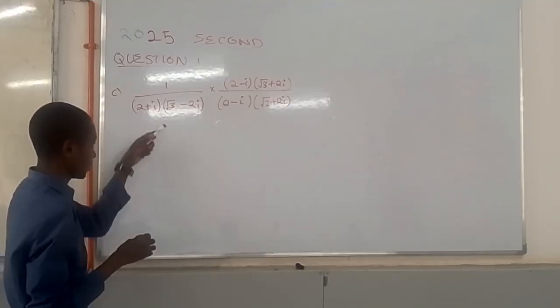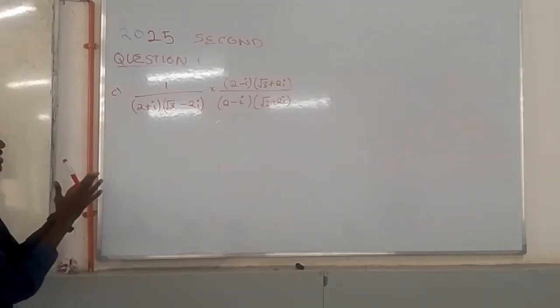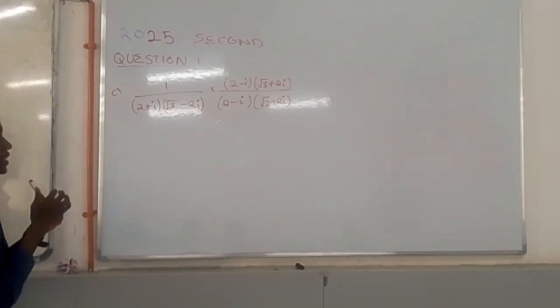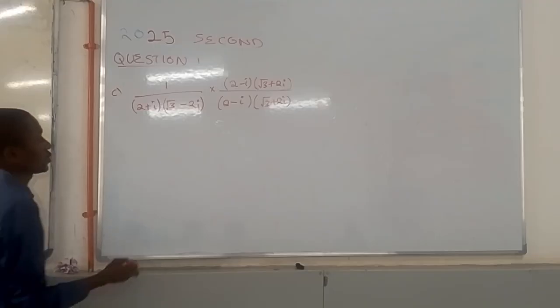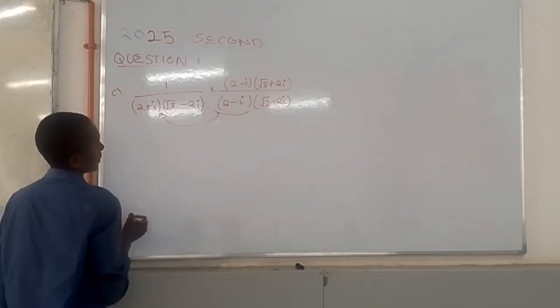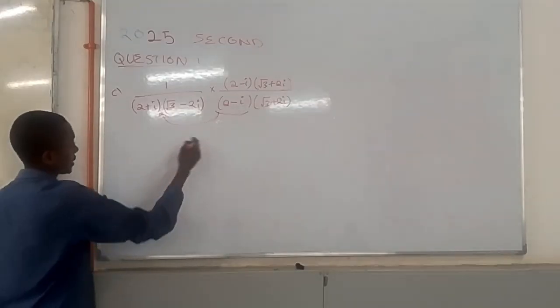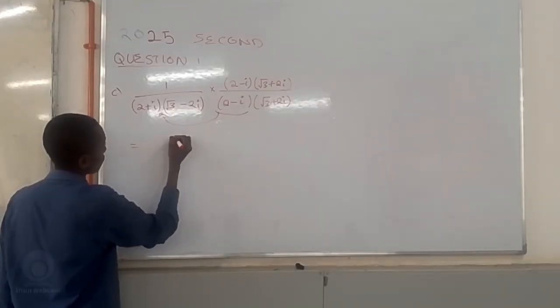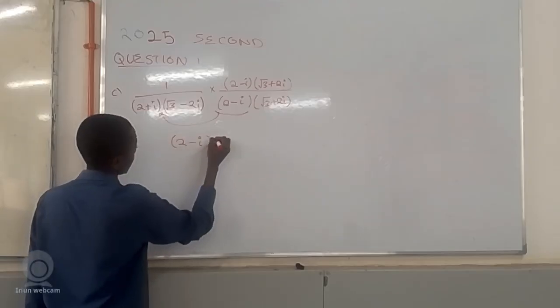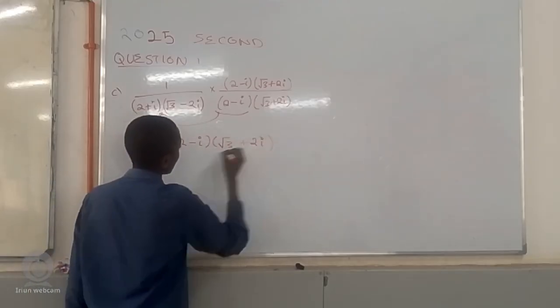So when you reach this point, guys, math is just about manipulation and understanding what you're doing. What we will get is 2 minus I times root 3 plus I. I hope no one is confused.